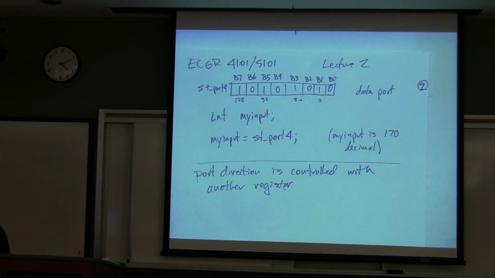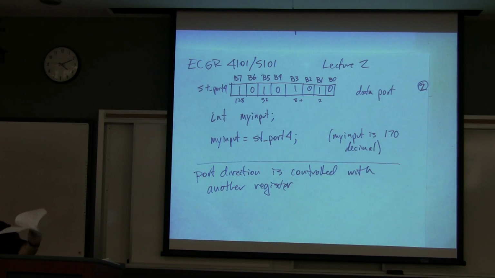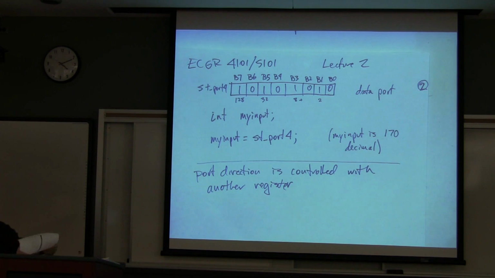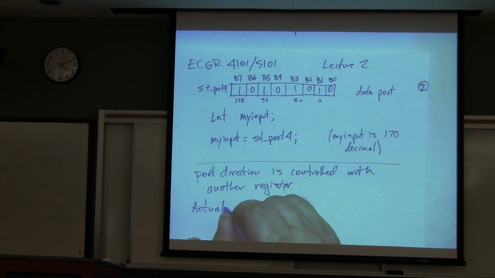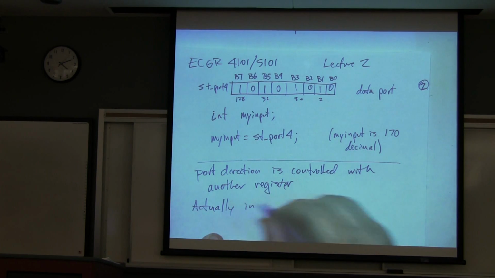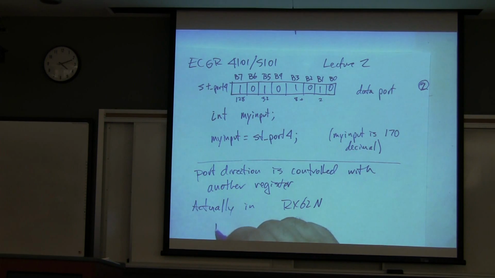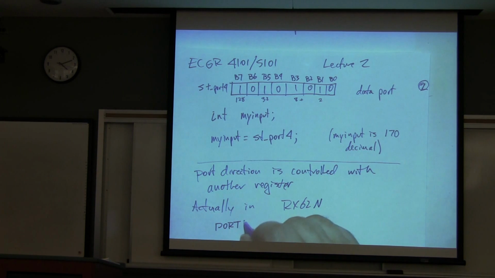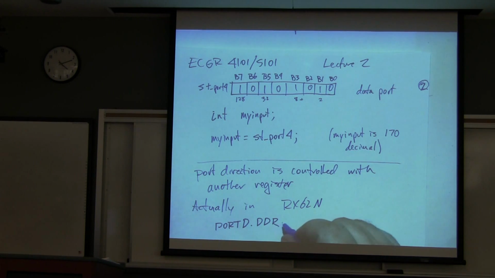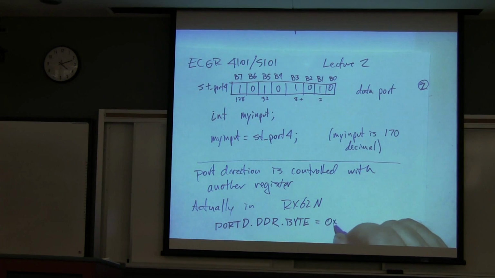So I'm going to take an example of this, and I'm going to show you what it looks like in the language that you're going to be using. So actually in our RX62N, we would say something like port D, DDR, byte is equal to 0xFF.